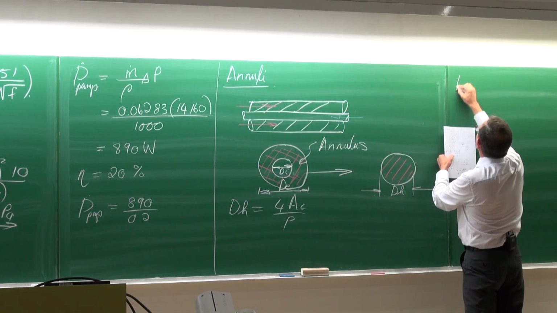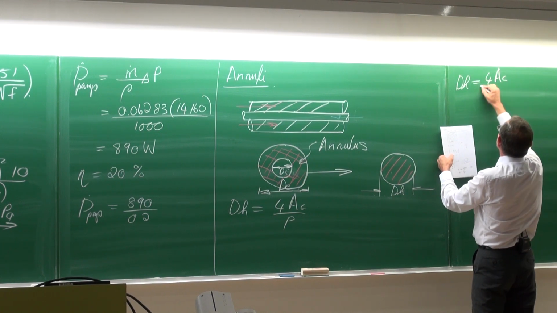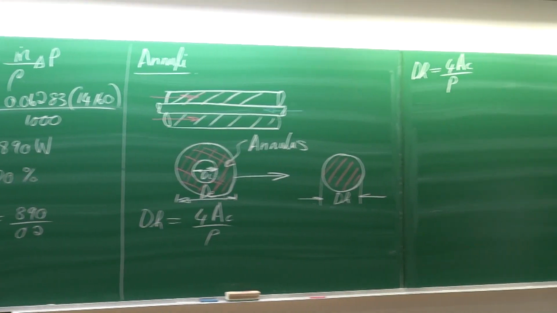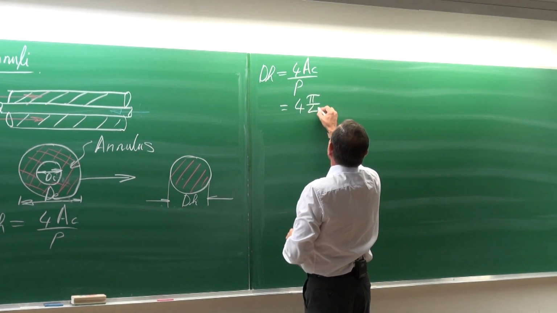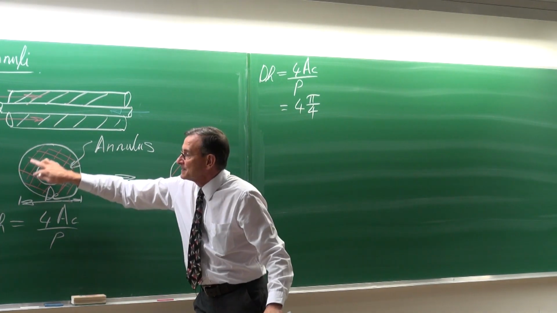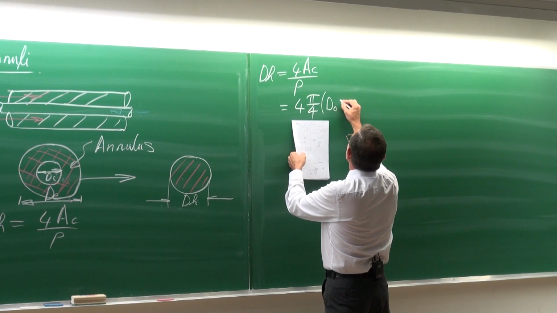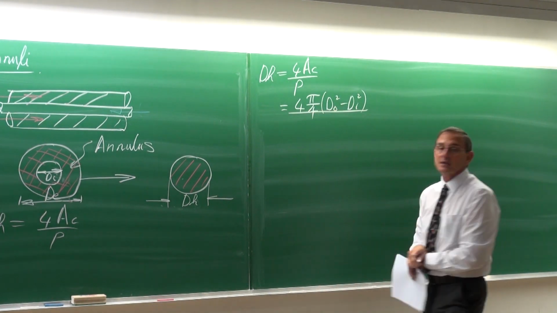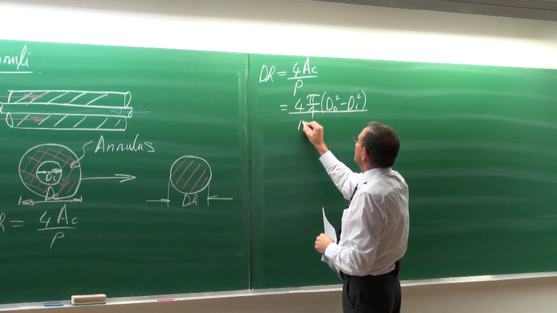If we calculate the hydraulic diameter for an annulus, which you've done in fluid mechanics, it is 4 times the cross-sectional area divided by the wetted perimeter. The cross-sectional area through which the flow occurs is this red area, pi over 4 times (d0 squared minus di squared), divided by the wetted perimeter.